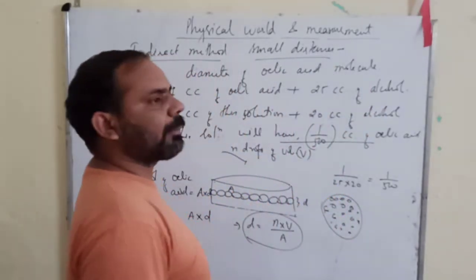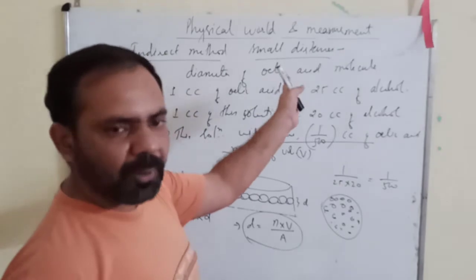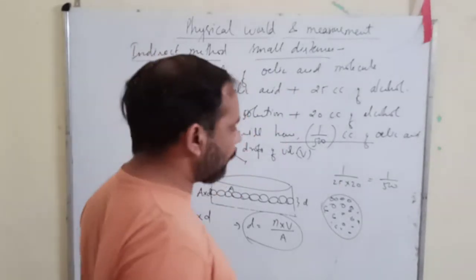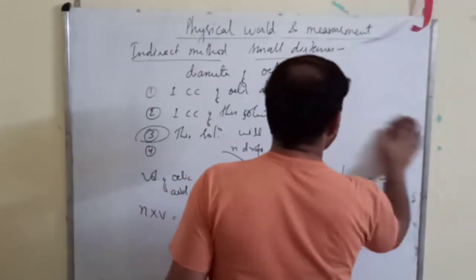Now, is there any direct method to measure small distances? Yes, we have direct methods also. One is the optical microscope.